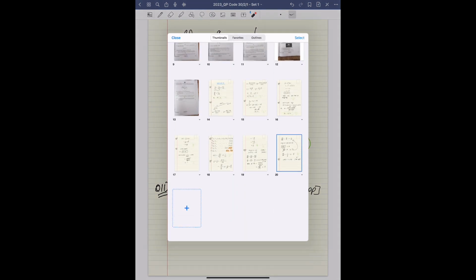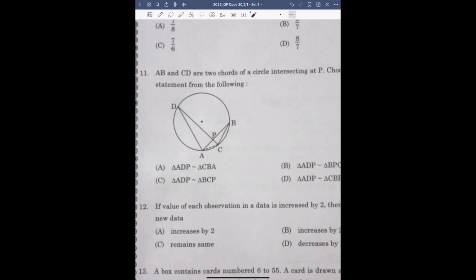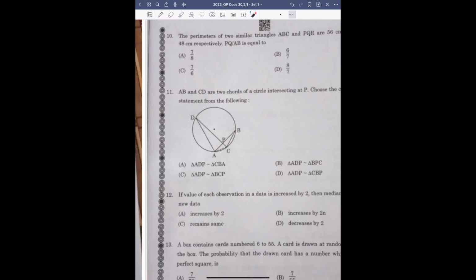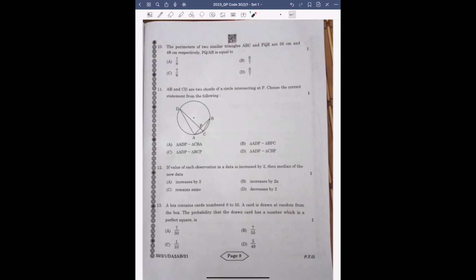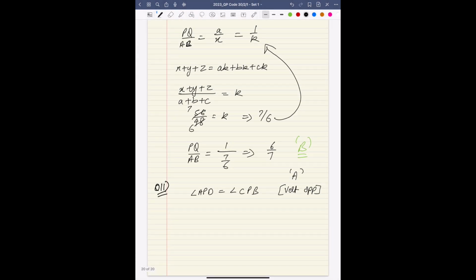So if you look closely in this particular figure, this is an arc, right? It subtends this angle, correct? And it subtends this angle. So this is the same segment, right? Major segment, minor segment. So these two angles are also going to be equal by that theorem. So you can write by theorem, you don't have to call out the theorem.